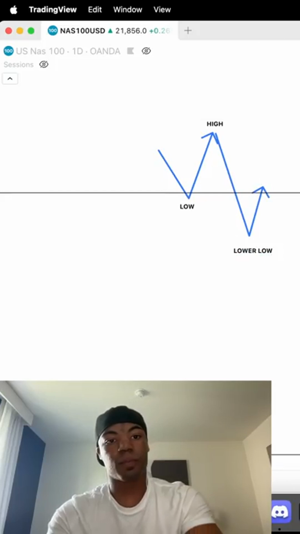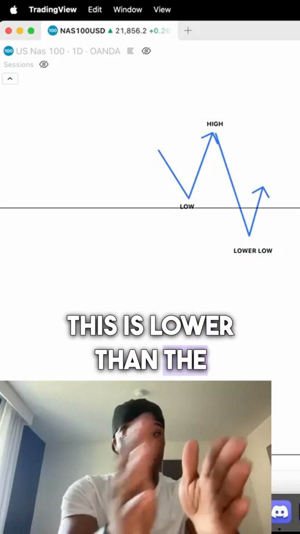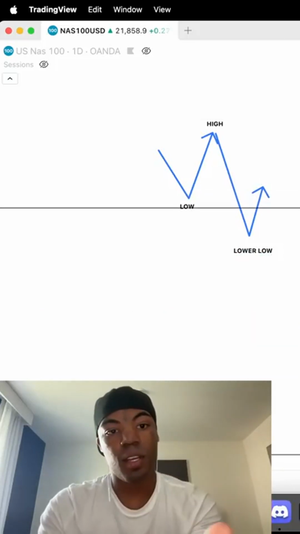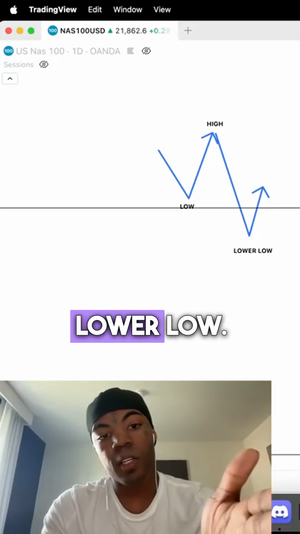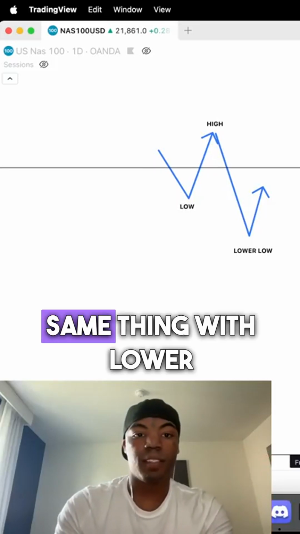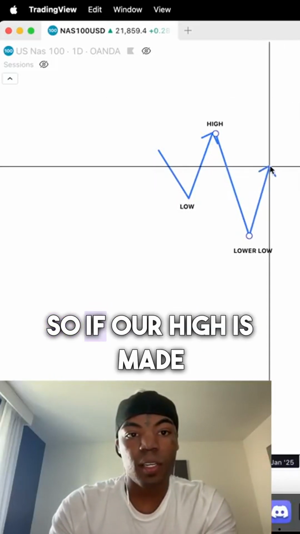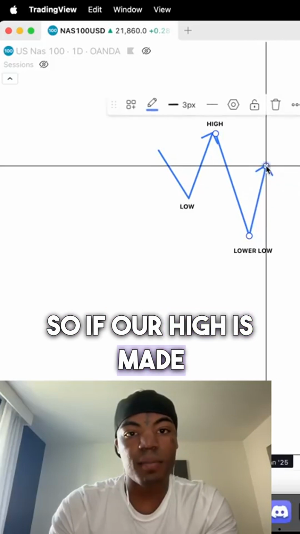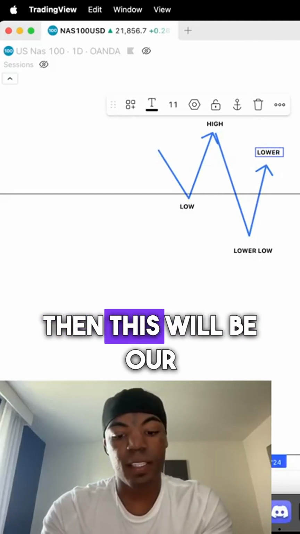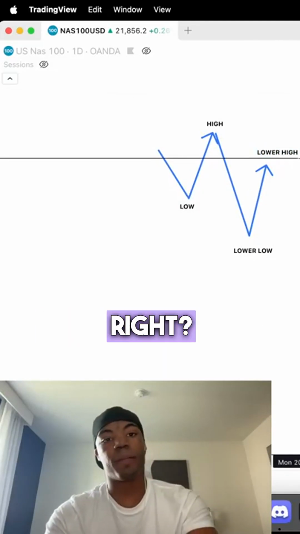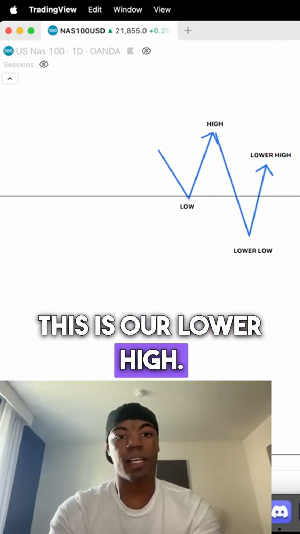It is lower than the previous low, common sense. Same thing with lower highs. If our high is made and it is lower than the previous high, then this will be our lower high.